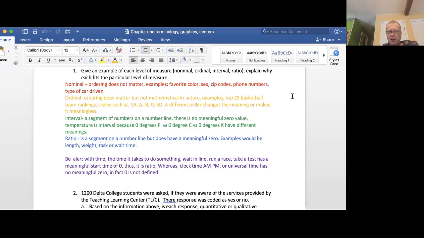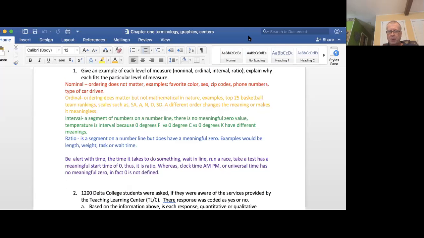The time it takes to do something, wait time, or running a race has a meaningful zero. Whereas clock time in the AM/PM sense, or the universal time sense, has no meaningful zero. In fact, in the historic or universal sense, zero is not ever defined. So a meaningful zero would be impossible there.